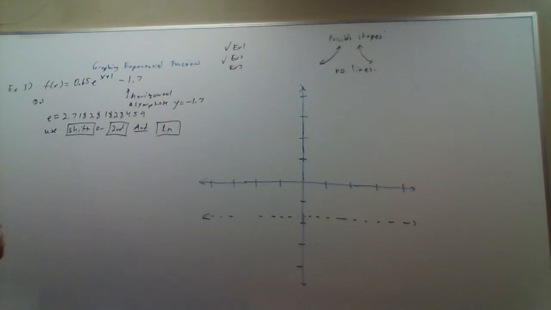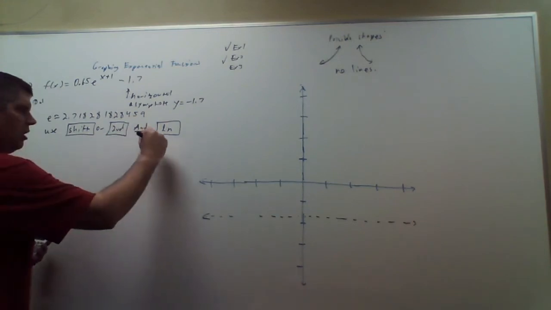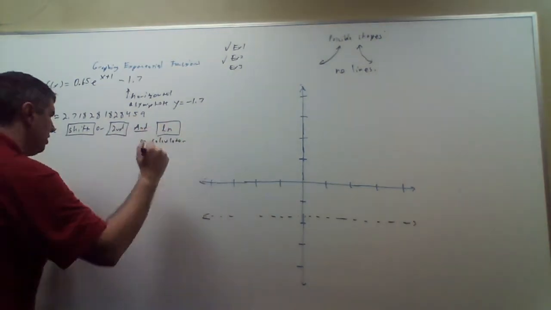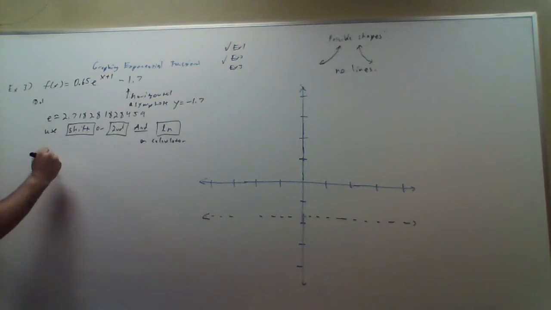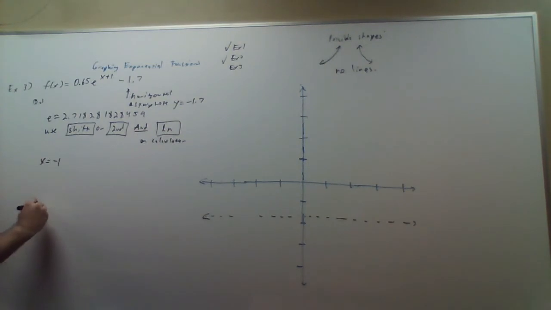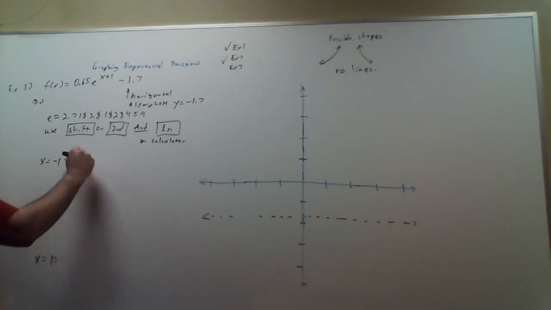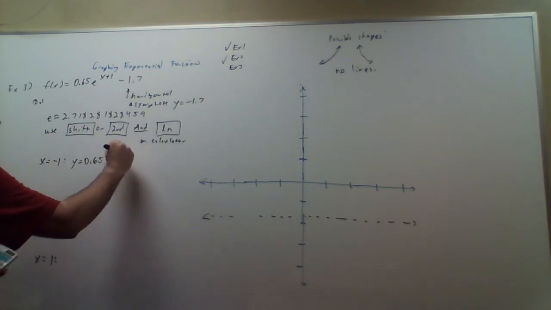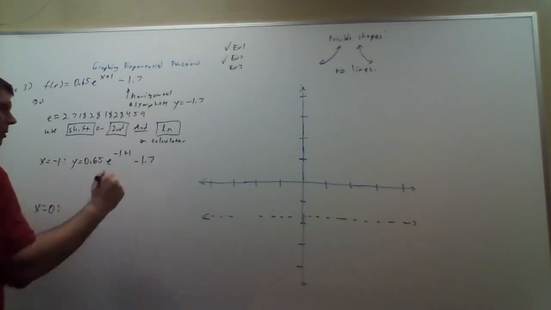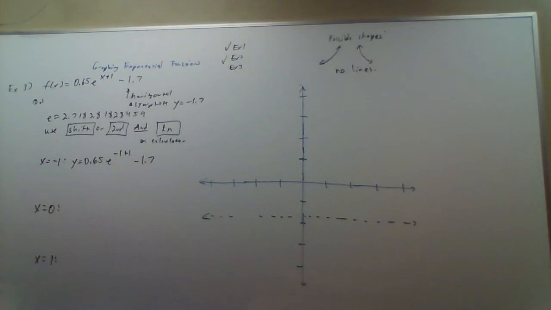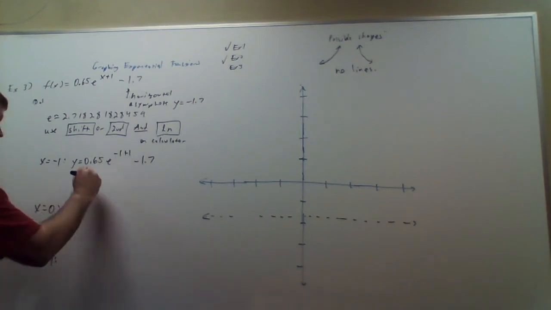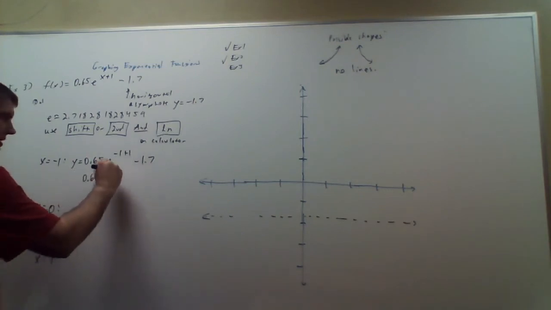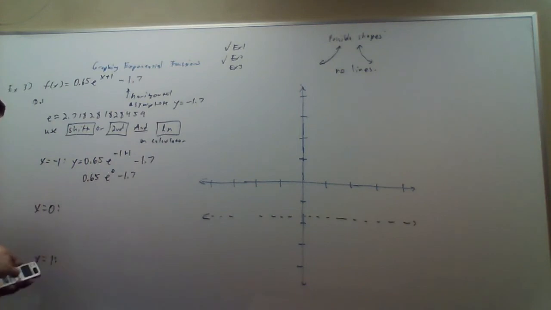So, on the calculator, x equals -1. We're going to use the same numbers we have done before. So y equals 0.65 times e to the -1 plus first power minus 1.7. So that'll be 0.65 e to the 0 minus 1.7.